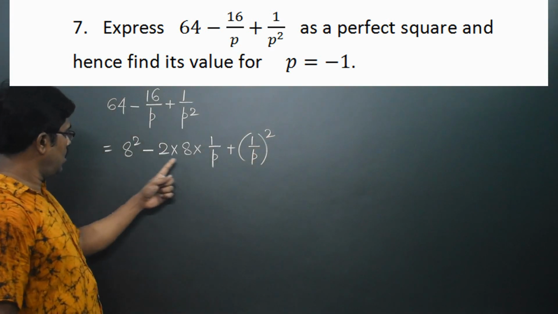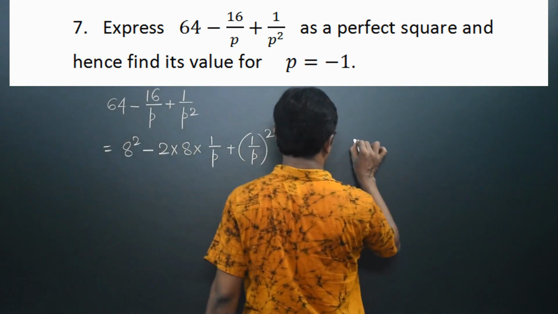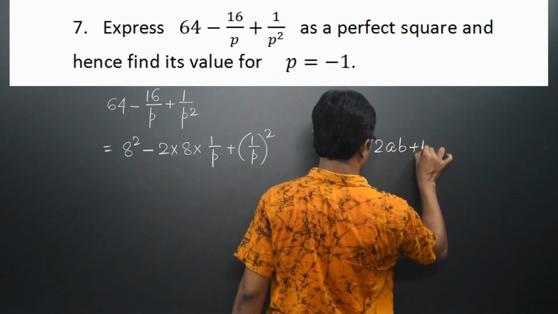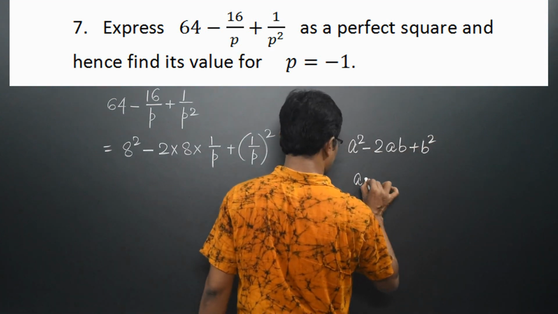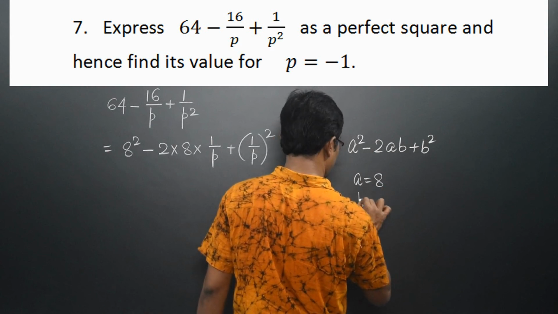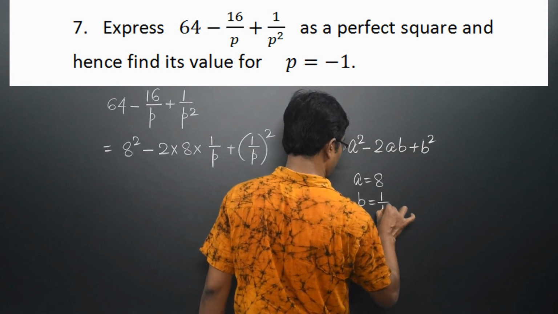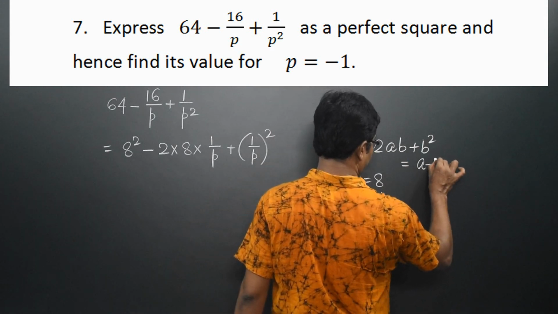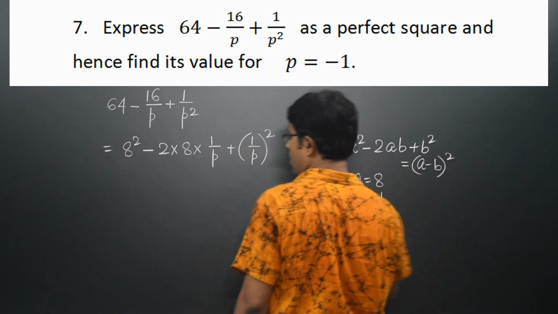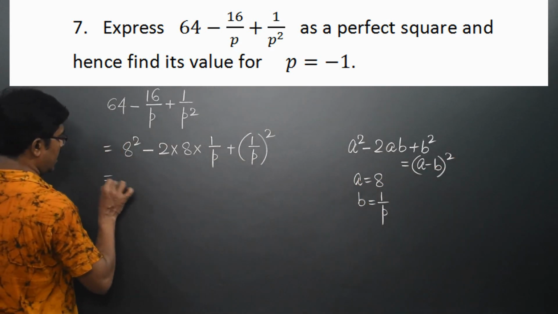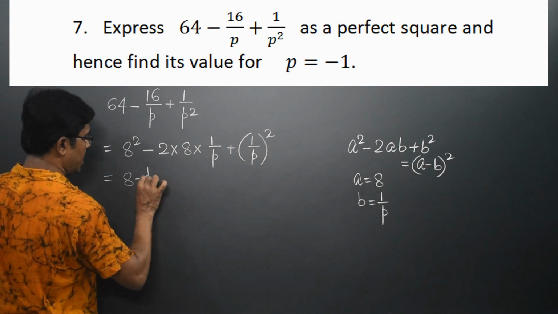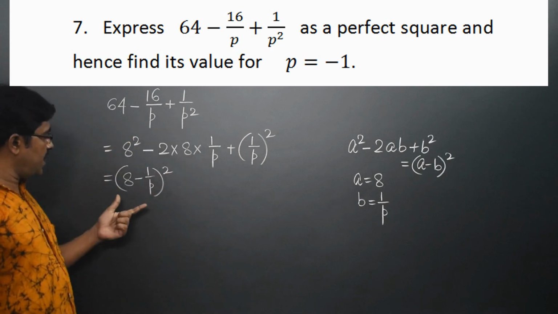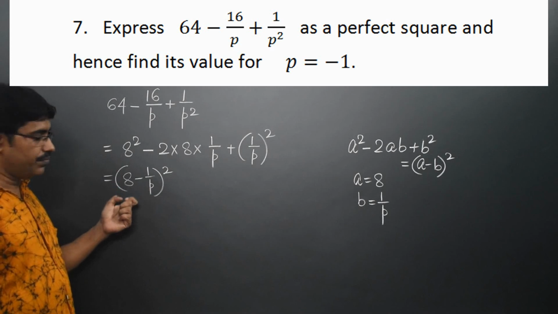Now this is of the form a square minus 2ab plus b square, where a is equal to 8, b is equal to 1 by p. So this is equal to a minus b whole square. So it can be written as 8 minus 1 by p whole square. So it is expressed as a perfect square.